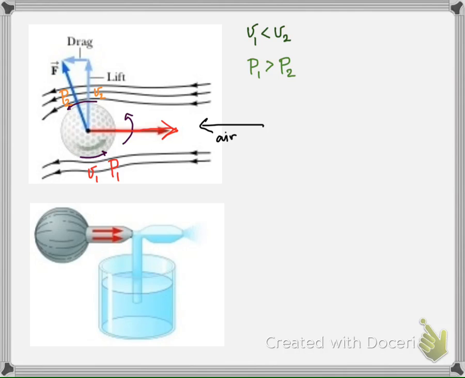So if P1 is larger than P2, we have a net force that pushes the ball in the direction from the bottom surface to the top surface, which is this force.